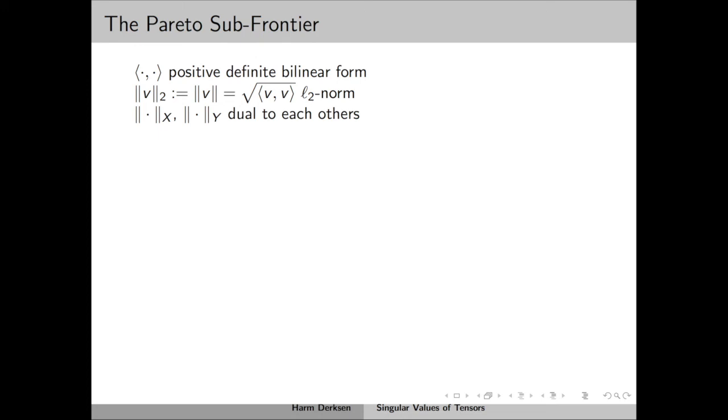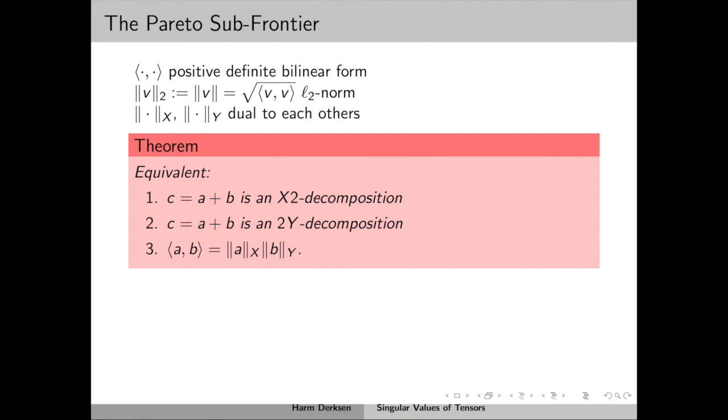Now the special case is when we have two norms x, y that are dual to each other. And on top of that, we also always have the Euclidean norm. So now we have 3 norms on the vector space. Now we have the following result, that the following 3 statements are equivalent. C is A plus B is an x2 decomposition.